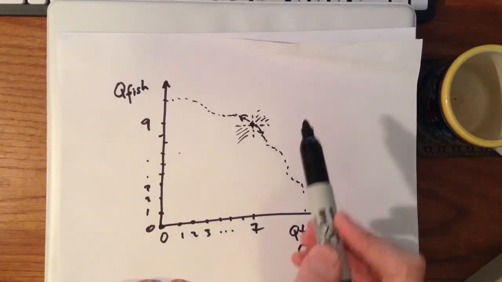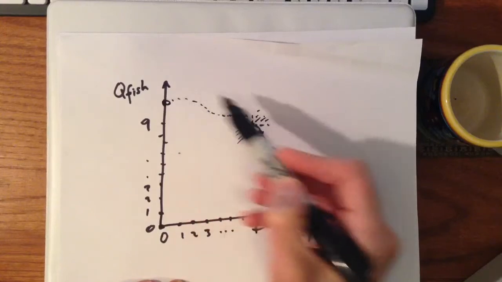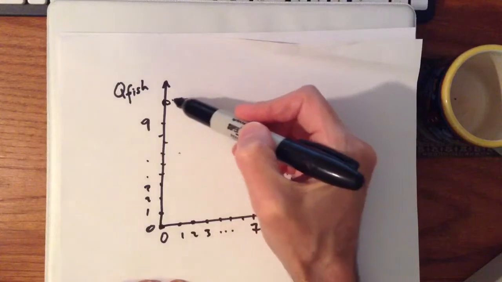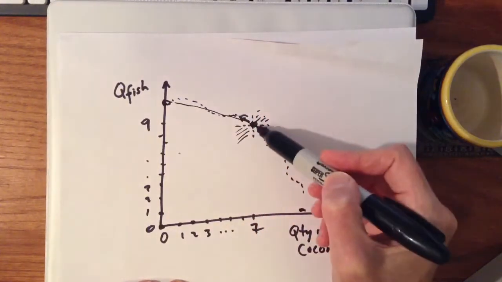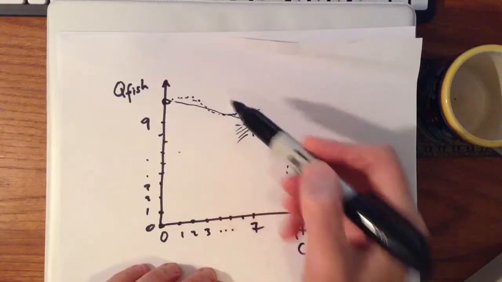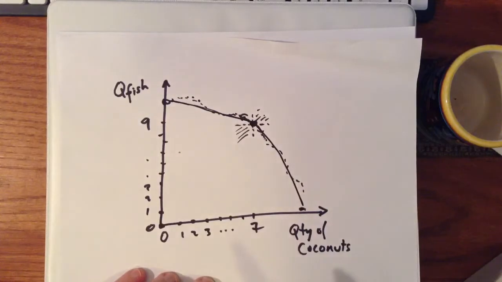In the particular exercise, I ask you to draw at least 3 points, so it could be, for example, one here, and one here. And you can then link them in a straight line. You could link them in a curved line. If you had more information. If you don't have any other information, then the straight line is what you'd want to do.